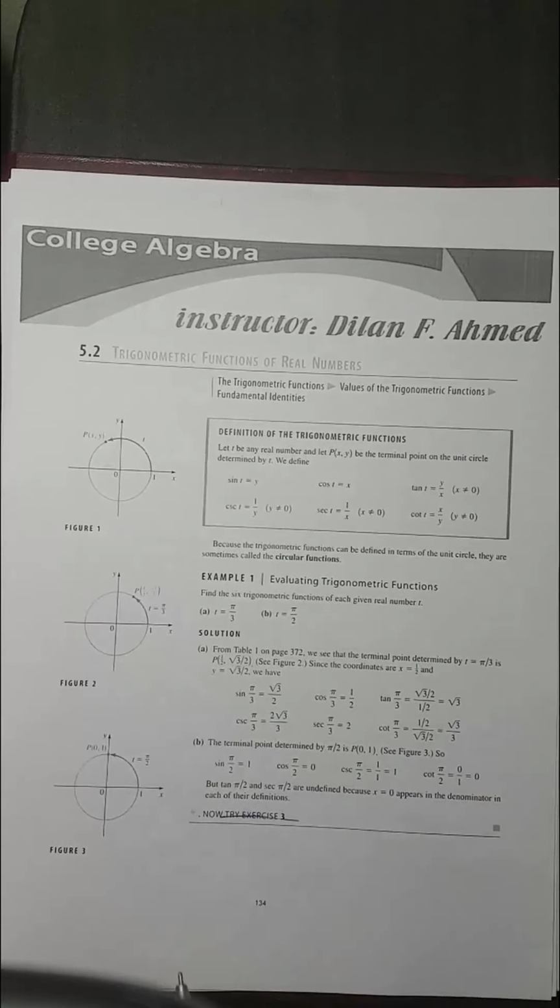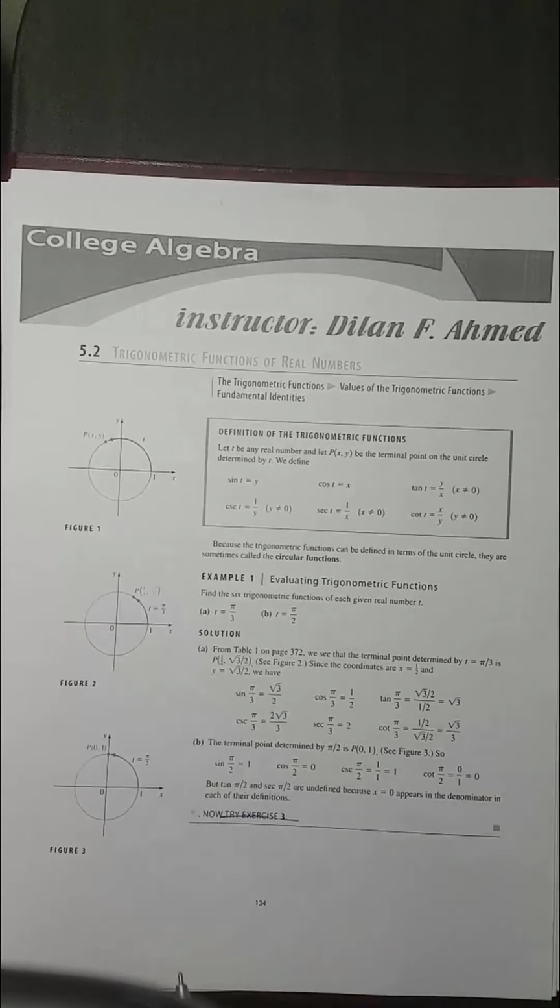In the first quadrant we have special angles, so we are starting with 0. Also we have pi over 6, which is 30 degrees, and pi over 4, which is equal to 45 degrees. Again we have pi over 3. I'm going to write it.